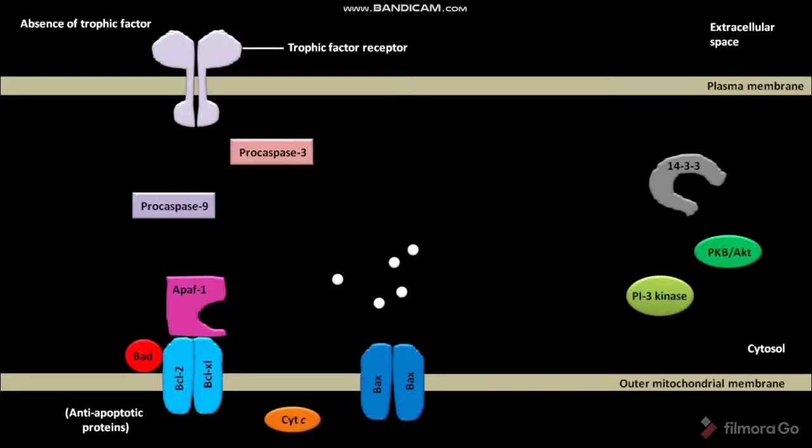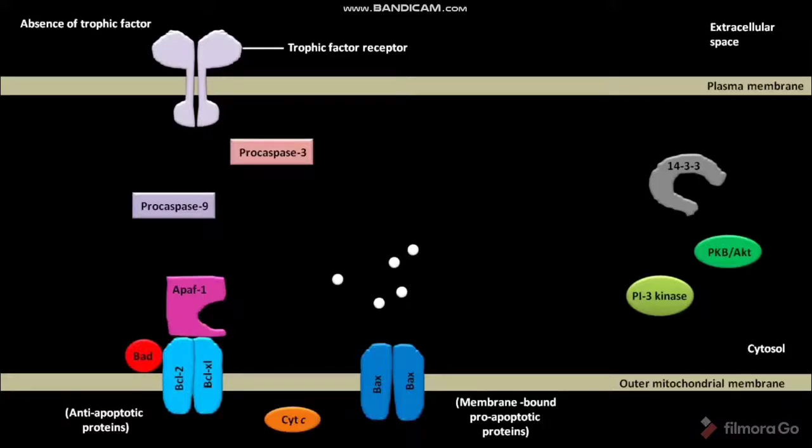Due to the binding of BAD, BCL2 and BCL-XL proteins cannot interact with Bax proteins. These Bax proteins are membrane-bound pro-apoptotic proteins.